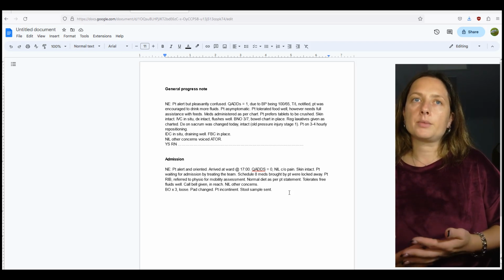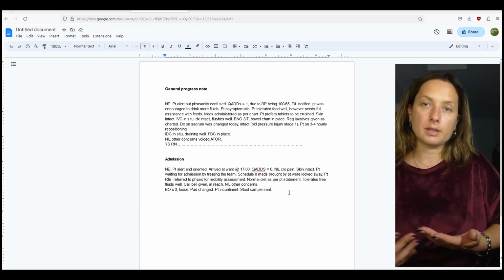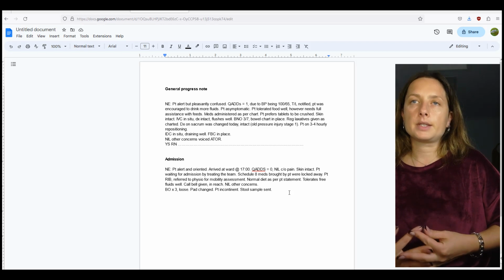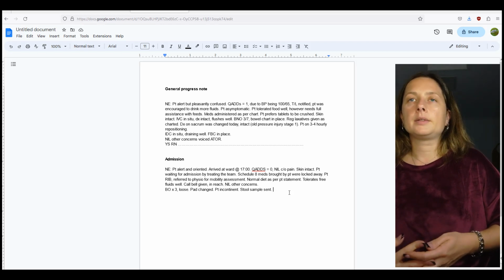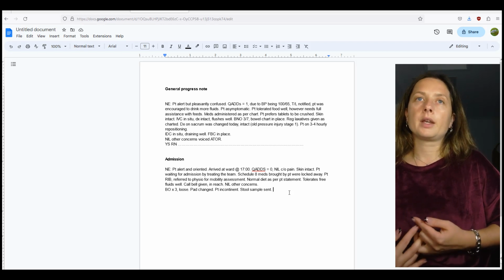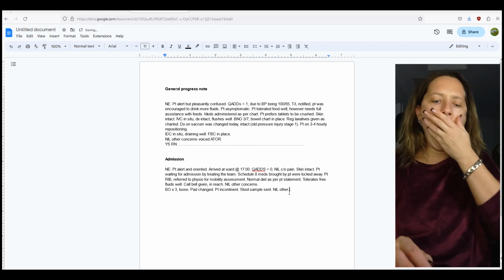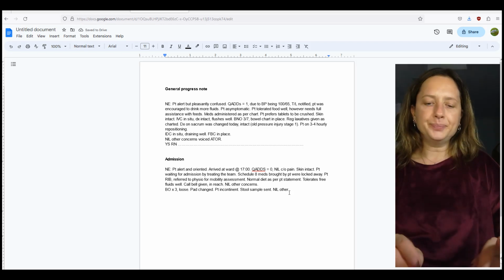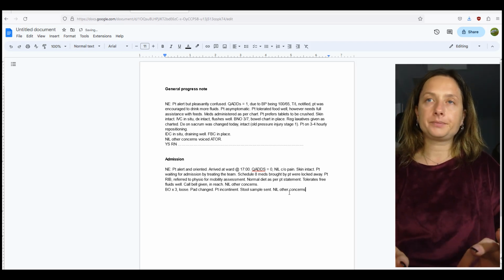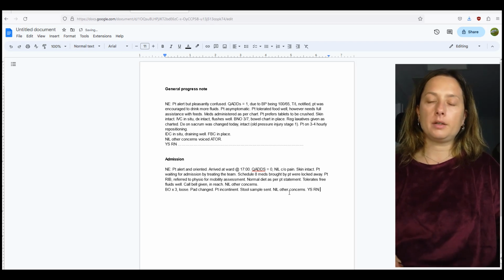So you would say bowels open 3 times, loose, pad changed, patient incontinent means he didn't go to toilet, stool sample sent. Okay, so that's something abnormal. And then you would say nil other concerns, and then you would sign it off, your signature, and the end.